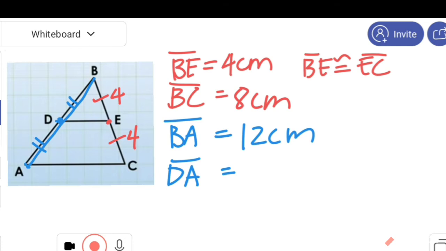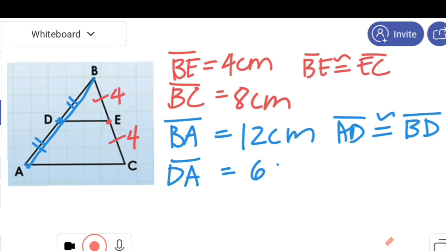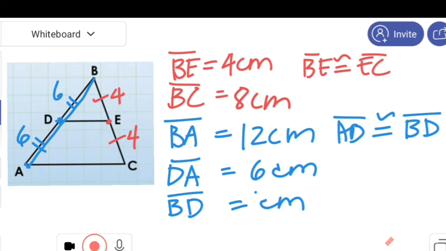Very good. Since we know that DA is congruent with BD, then we will just divide 12 into 2 congruent parts. And that is correct, 6 centimeters. So if DA is 6 centimeters, what do you think is the measure of BD? Correct, 6 centimeters also.